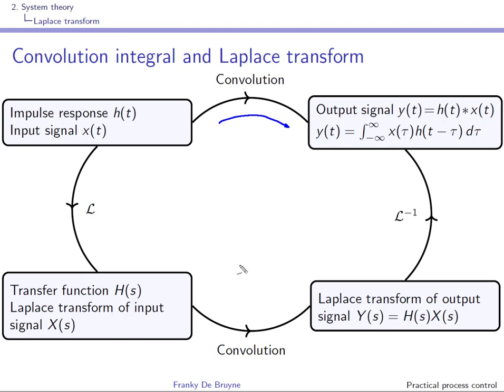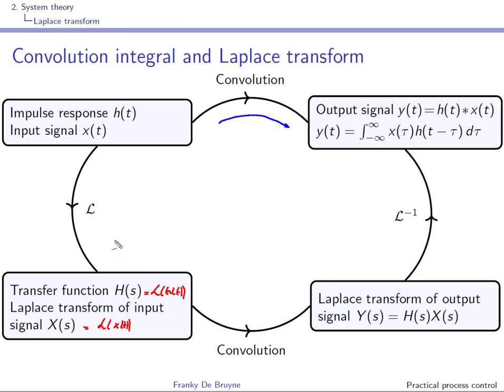Another way to go is to use the Laplace transform, and we'll define the Laplace transform very soon. And what you obtain then is the Laplace transform of the impulse response, and this is the transfer function, and the Laplace transform of the input signal, right, x of s.